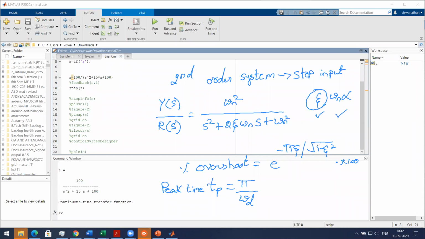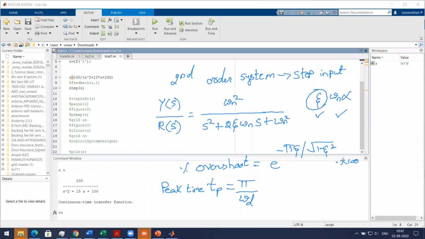Okay. So what we are trying to do is define things differently. Previously, we used to say rise time should be within this. We used the control system designer where we could give the design requirements. We gave the rise time, percentage overshoot should be within this, we gave the settling time.